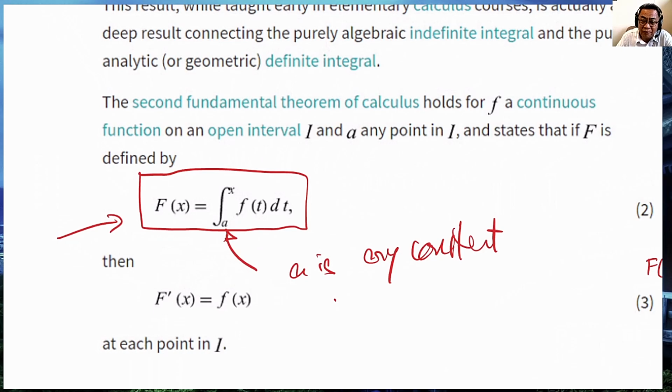We use capital F of x and small f of x for a reason, because the derivative of capital F is small f. So in fact, we are performing the antiderivative. We are getting the function such that the derivative of capital F is the small f over here. So this is the second fundamental theorem of calculus.